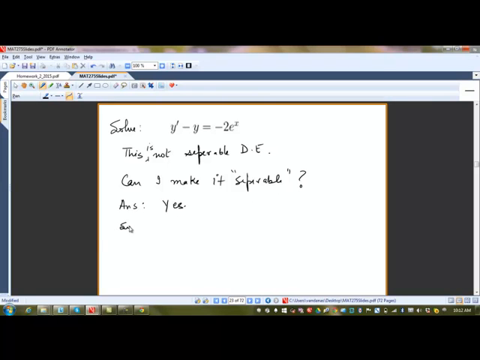So how? I will compute, find a function u(x) which is e to the power integral p(x) dx.